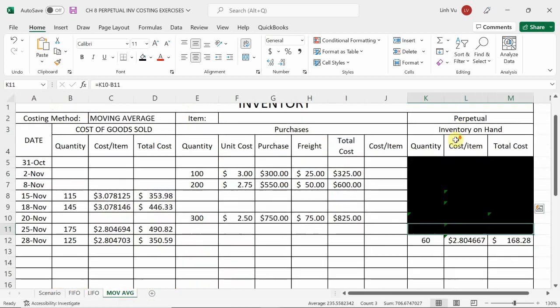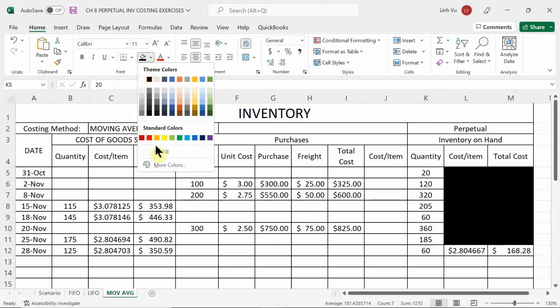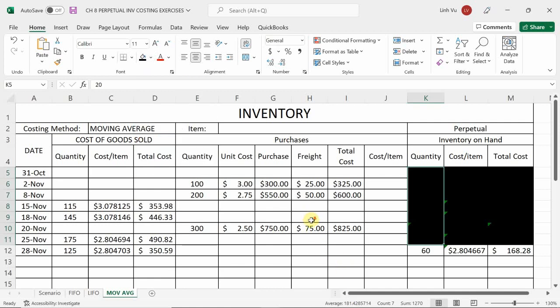We just meshed them all together, combining the numbers with every purchase. So we started with 20, then we increase, decrease, increase, decrease, increase, decrease. That is all three costing methods.